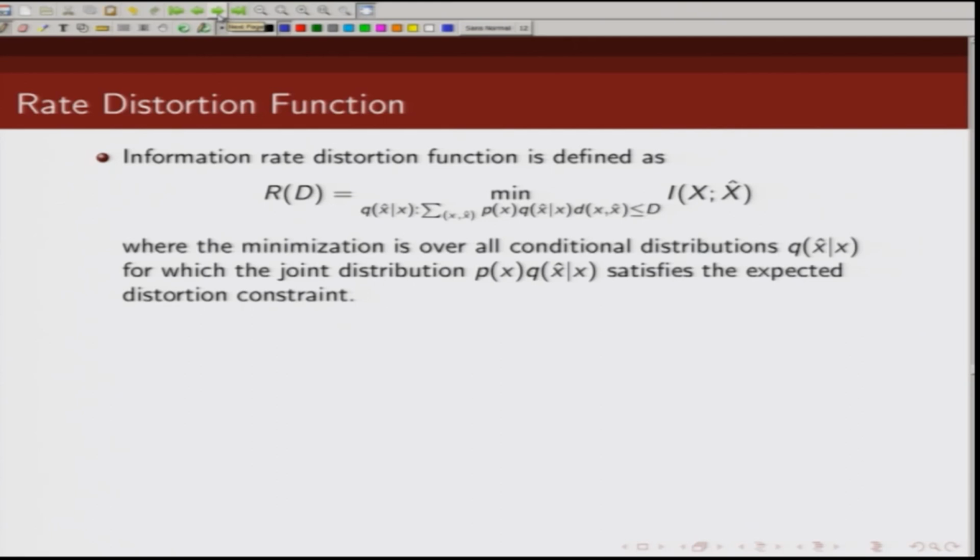Now let us characterize this rate distortion function a little bit more. So we know that the rate distortion function is given by this expression.